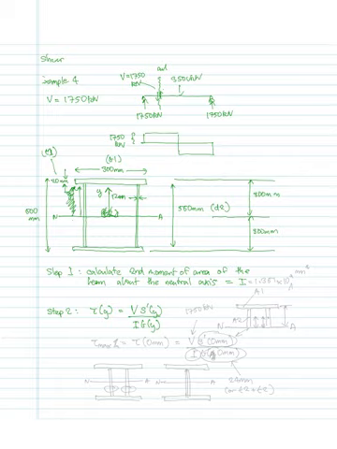So we will then get tau max, which is what we're looking for: determine the maximum shear stress in the web. The maximum shear stress in the web must occur when y is 0 millimeters.